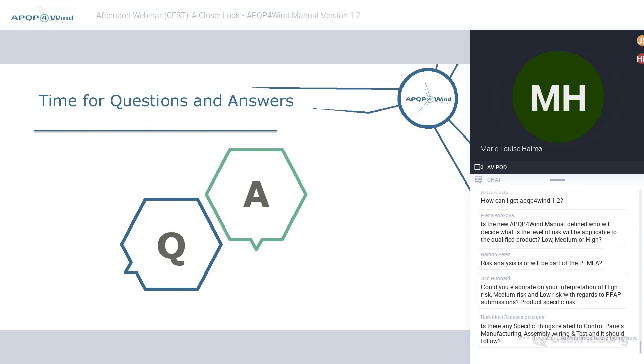Right now, we don't have that elaboration in the manual. Probably that is a good input for the next version, or for some other way of clarifying the point. But right now, it is up to the customer and supplier to follow their own guidelines to classify whether it is high, medium, or low.